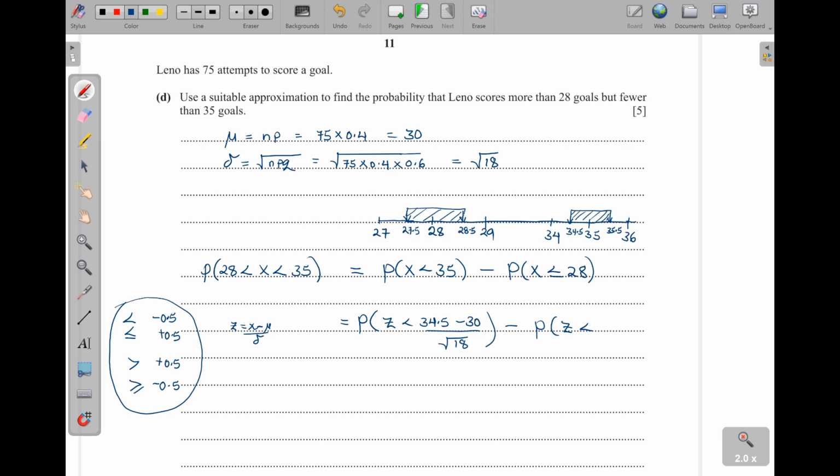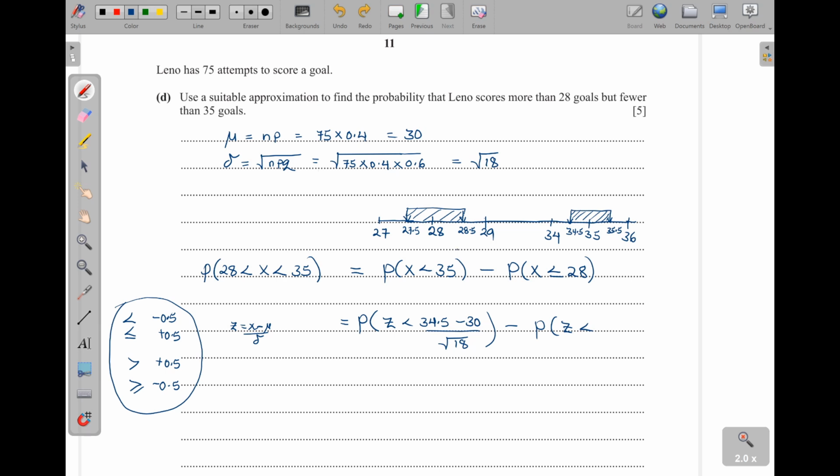Then we have said that for less than or equal, we are adding 0.5. What do we mean by adding 0.5 when it is less than or equal? That means when we round off all of those numbers, what we get has to be 28.